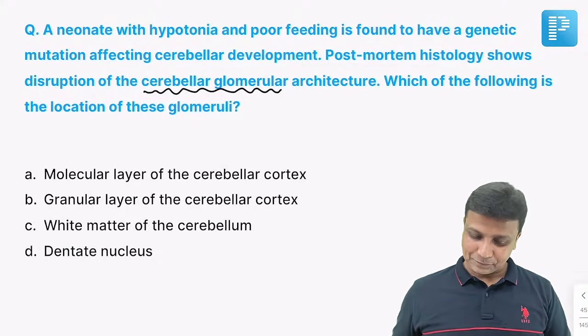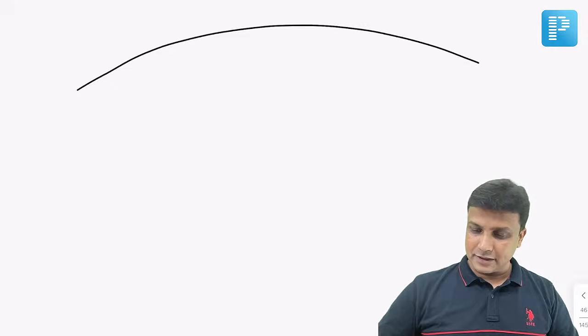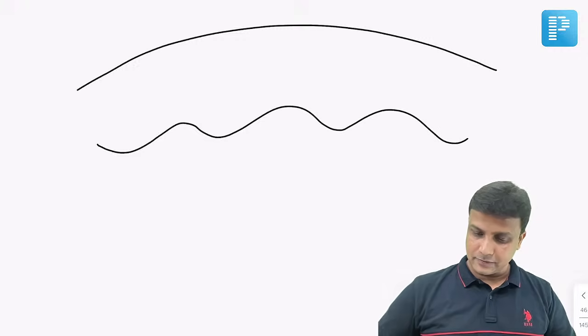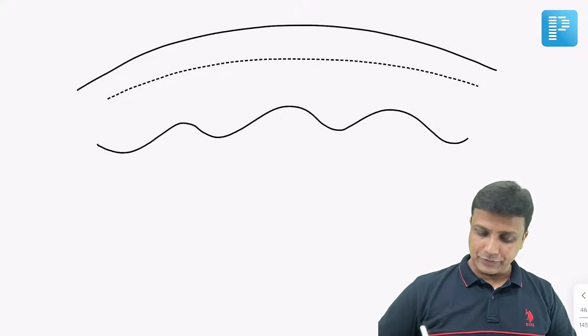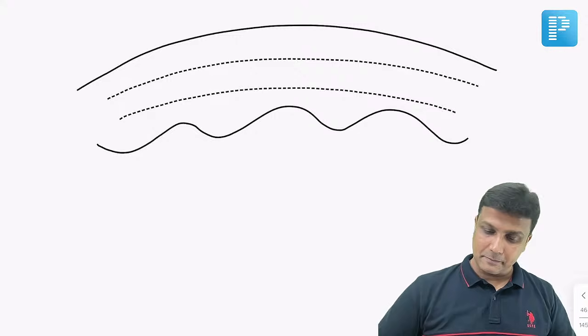Okay. Now, my dear doctors, remember, for example, if this one here will be the cerebellar cortex. Just now I told you in the cerebellar cortex, there are 3 layers. The outermost one is the molecular layer, which will be having the stellate cells and the basket cells.